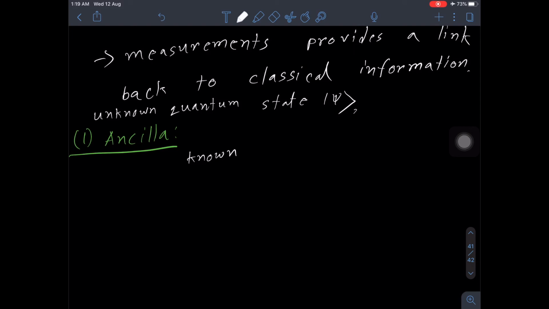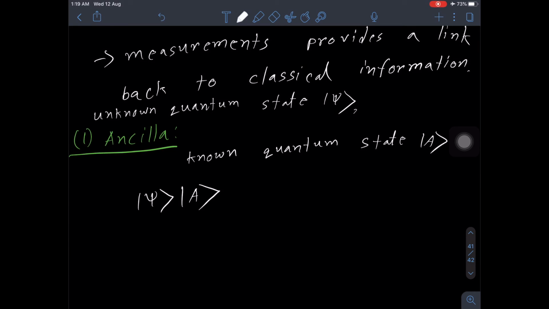So you know this piece of quantum information, a known quantum state. And what you do is that you join them, you make a bigger space. By joining I mean there is a tensor product here in the middle, but I guess you understand it by now.